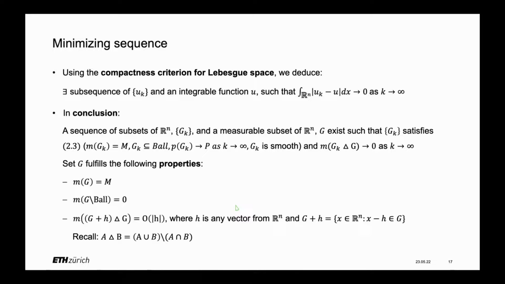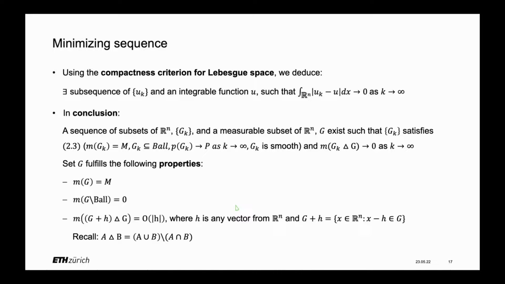So in conclusion, summing all of this up, what we have at the end is a sequence of subsets of R^n, G_k, and a measurable subset G of R^n such that G_k satisfies the following. This is exactly the restriction we've seen before with our measure and our balls, in which G_k should be contained. And the measure of the symmetric difference of G_k with G tends to 0 as k goes to infinity. That means nothing else than that, again, the translation doesn't really matter. That will tend to 0.